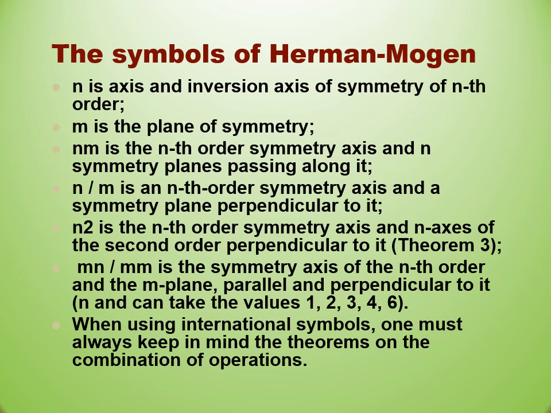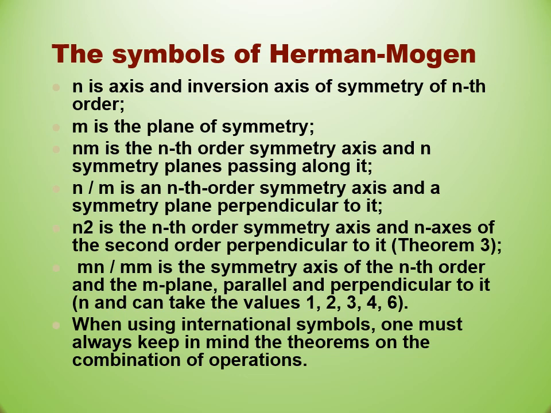Symbol M3, for example, means 4 axes along 3 bisectors or 3 coordinate planes of symmetry. According to theorem number 1, at the intersection of the planes there appear 3 axes of second order.